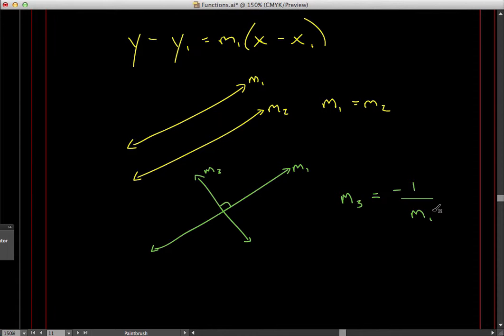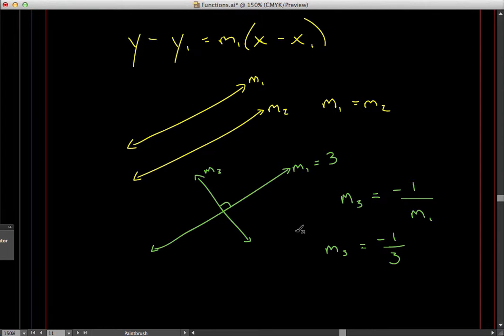So say that our given slope was 3, so if m sub 1 is equal to 3, then m sub 3 would be equal to negative 1/3. So this would be the slope of a line that is perpendicular to our given line.